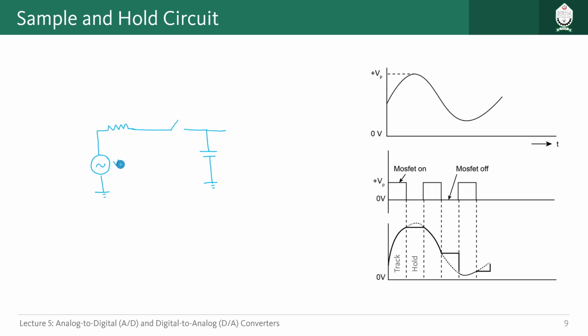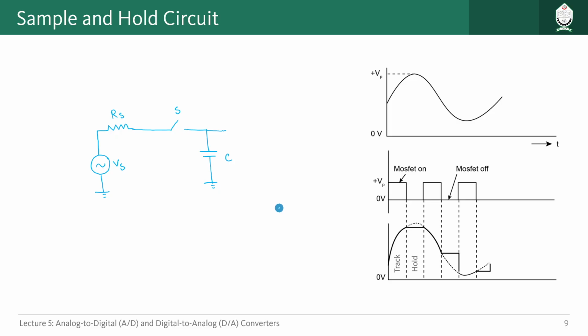Let us call that Vs, and the internal resistance of that is Rs. This is our switch S, and this is the capacitor. Also, whenever we are talking about the output, generally some devices will be connected, like quantization and encoding devices, in this portion.